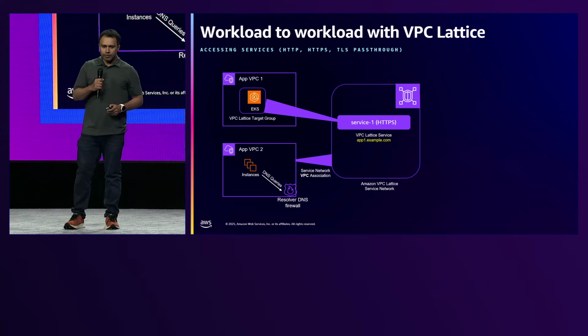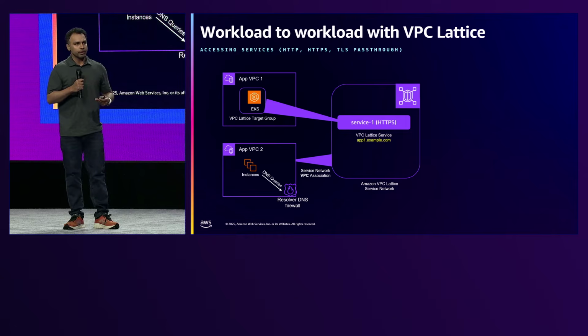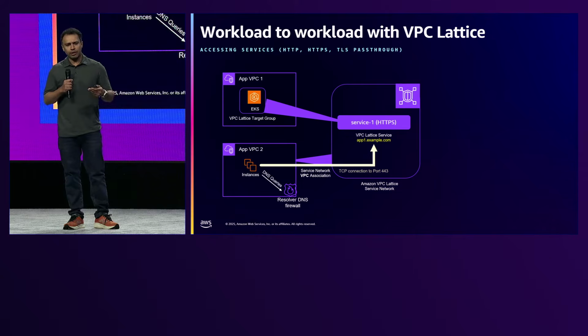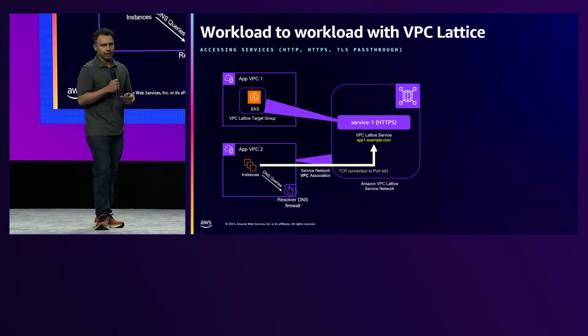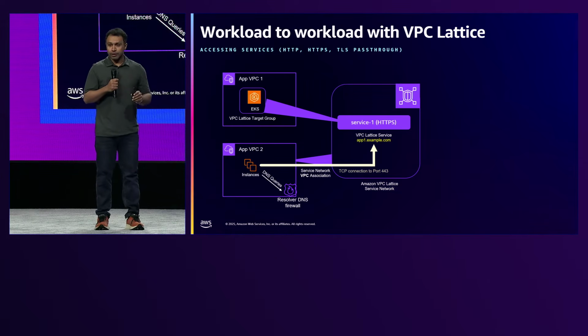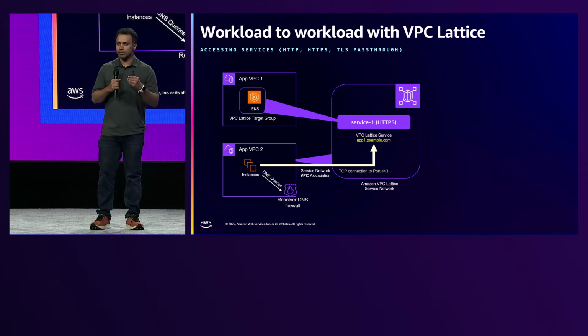The instances in app VPC 2, when they want to consume this service, they would want to access an FQDN. They try to resolve that. That FQDN resolves to an IP address that puts traffic onto the VPC Lattice data plane. Another thing to remember here is this IP address is only available from within the VPC. It's non-routable.